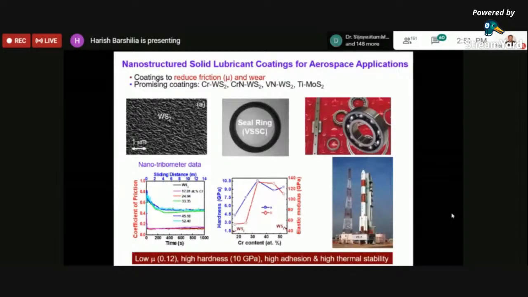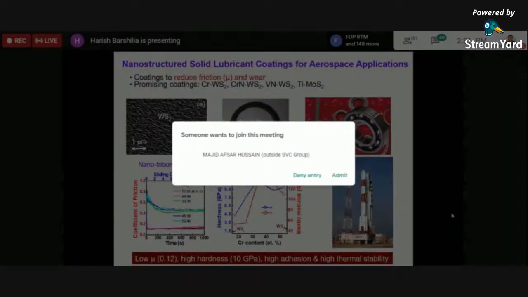So for that we have designed and developed various nanostructured solid lubricant coatings, wherein these tungsten disulfide or molybdenum disulfide, which you call the chalcogenides, are doped with some sort of metal. We can have titanium, copper, chromium, or for a space application we can have gold also.